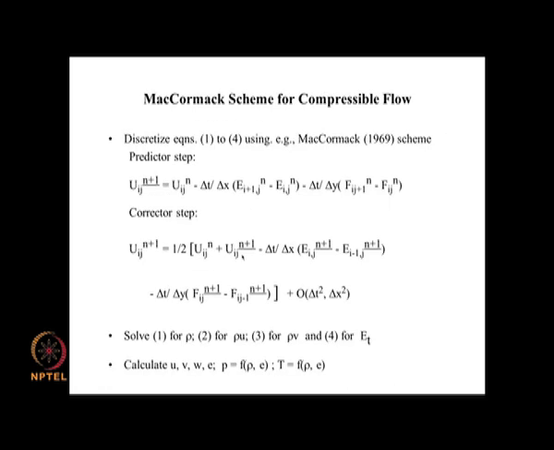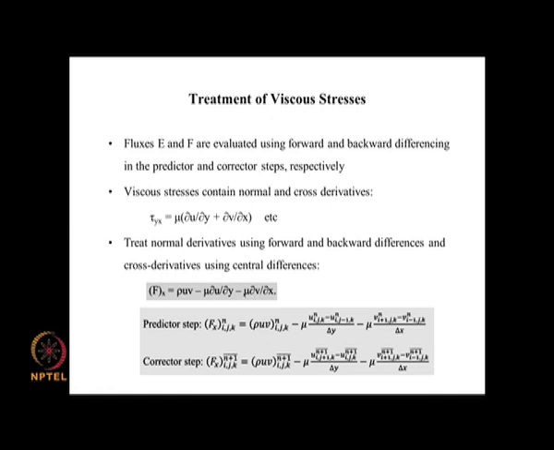So, that means that this particular term here is dou by dou y of this here. So, that becomes dou square v by dou x dou y. So, that makes it a cross derivative, and cross derivatives must be evaluated using central differences, and therefore, we write this as dou square by dou x dou y, and that particular thing is evaluated as v i plus 1 minus v i minus 1 by 2 delta x at n, and in the corrector step again it is v i plus 1 minus v i minus 1 by 2 delta x, the same idea here.